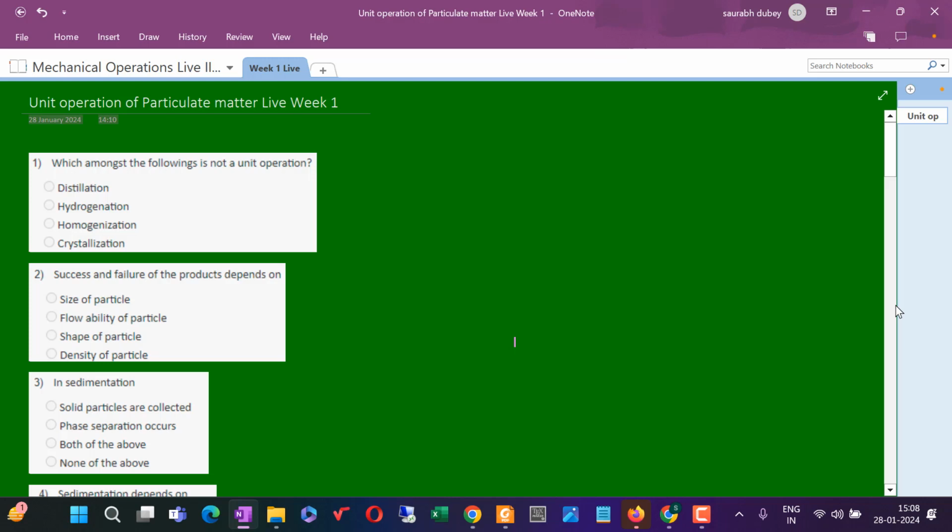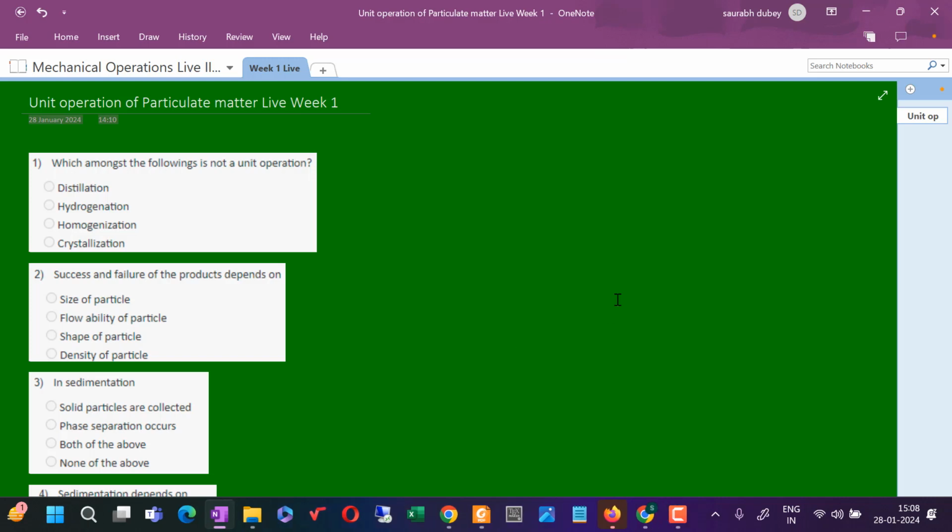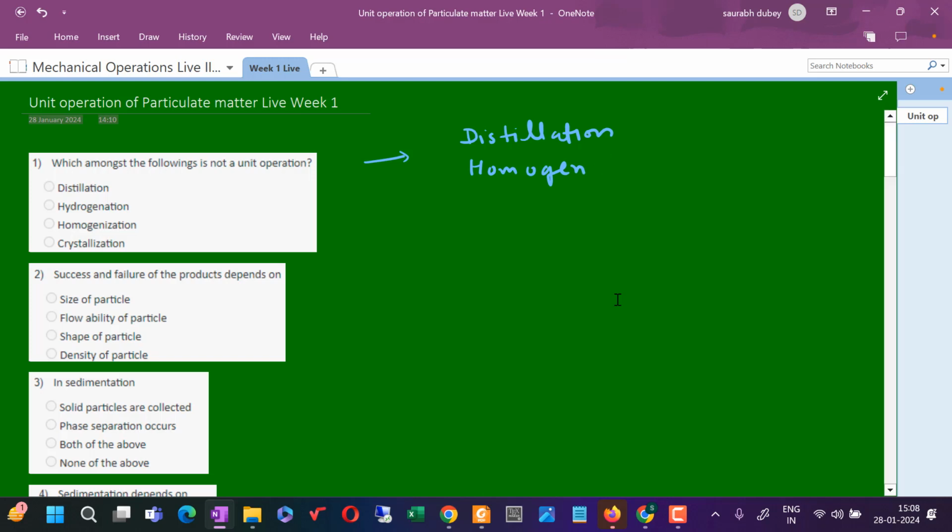So this is again a physical phenomenon. So distillation, homogenization, and crystallization, these all three are physical phenomena.